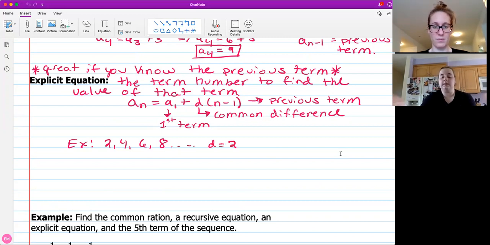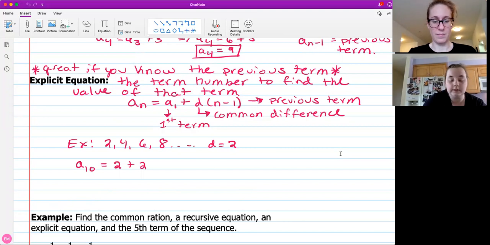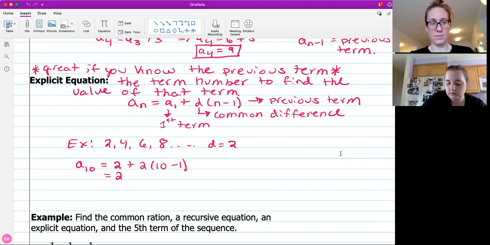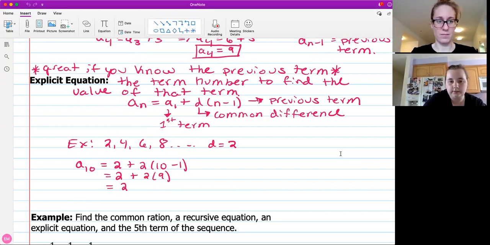To find, say, the 10th term, A10, we would take the first term, 2, plus the common difference, 2 again, times N minus 1. Since we want the 10th term, we do 10 minus 1. So we have 2 plus 2 times 9, and this is going to end up being 20.